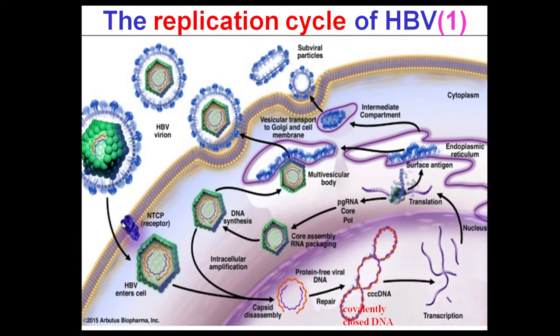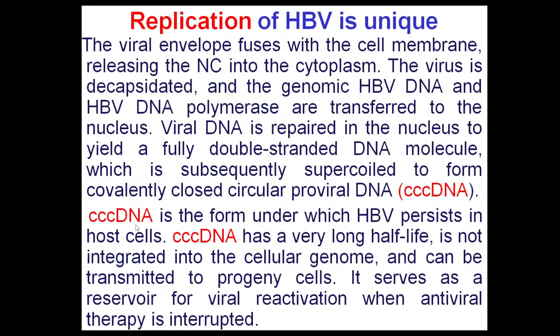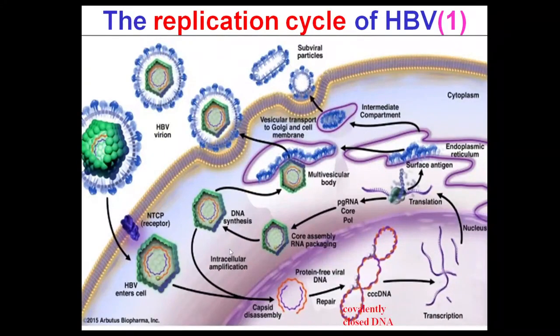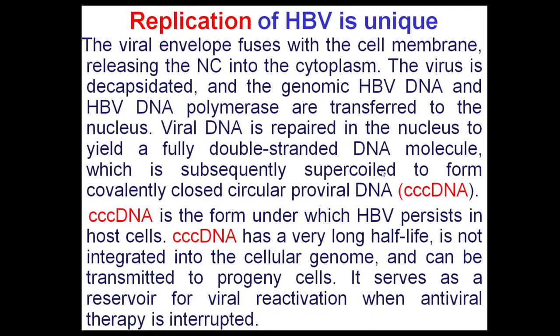You can see here that the virion binds with the NTCP receptor. We believe that it fuses with the cell membrane, releasing the nucleocapsid into the cytoplasm. The virus is then decapsidated, as you see here, and the genomic double-stranded DNA is released from the virion and transferred into the nucleus.